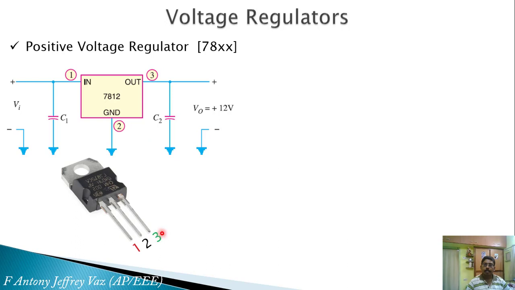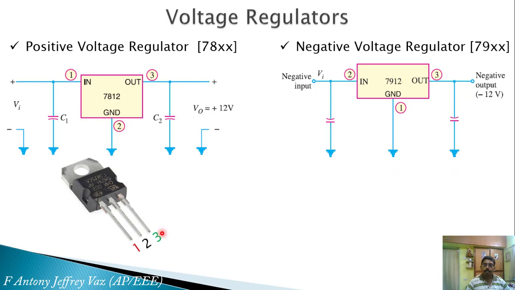Similarly, we see negative voltage regulators. This is the negative voltage regulator. You can see the difference. Here the first pin is ground. Here the second pin is ground. This is the difference between the ICs. Here you have to give a negative input. In this IC, for 7812 you have to give a positive input.